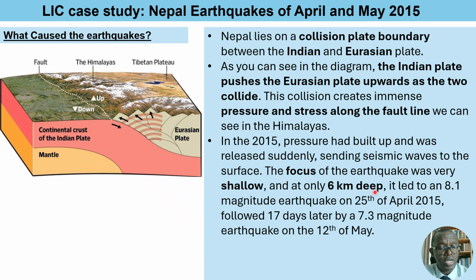So if the focus is not deep, then they will arrive on the surface with a lot of power. But if the focus is deeper below the ground, then by the time they get to the surface where the epicenter is, they are not going to be as powerful. So the shallow depth of the focus made this earthquake quite powerful.